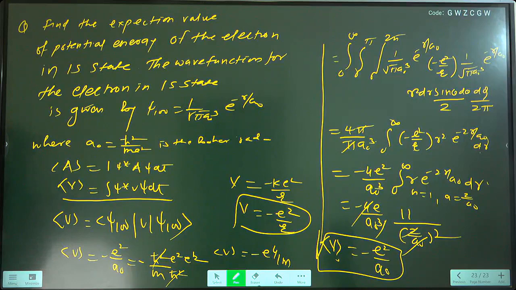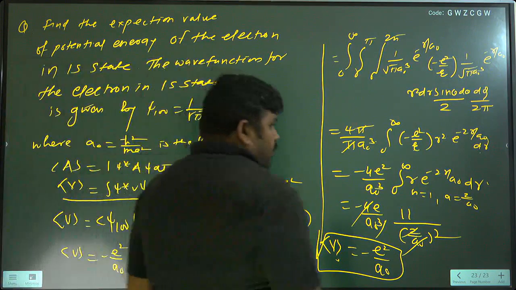We have found out the expectation of r, we have found out the expectation of r square, we have found out the expectation of 1 by r. Expectation of 1 by r square we also need to find out. Okay, expectation of potential we also need to find out. Next, expectation of r to the power n.